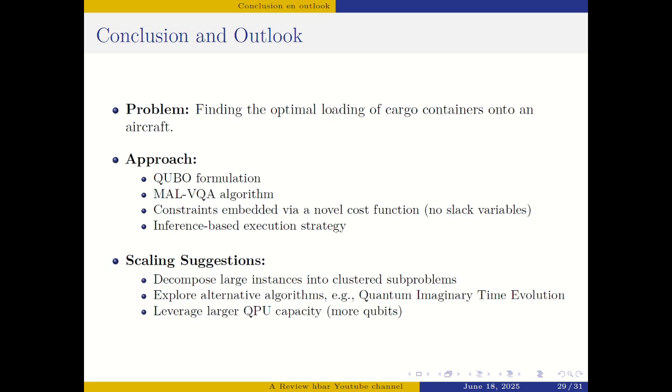They presented how they incorporated the constraints and designed the cost function. They also described how they executed the algorithm on Yonke, quantum computer, ARIA, and FORT. Finally, they suggested directions for scaling up the approach, such as decomposing large instances into smaller subproblems, exploring alternative algorithms like quantum imaginary time evolution, or running on devices with a higher qubit count.